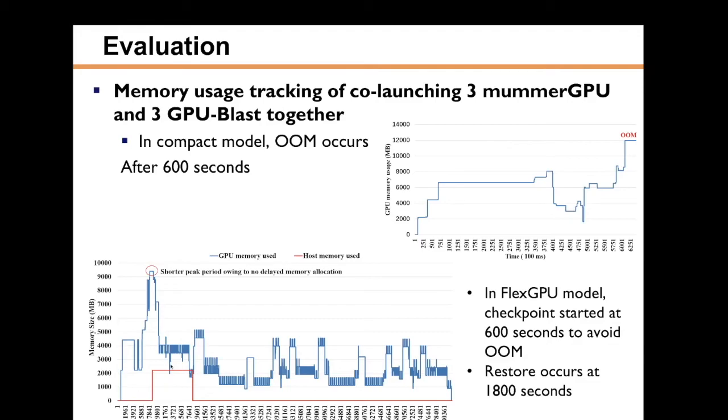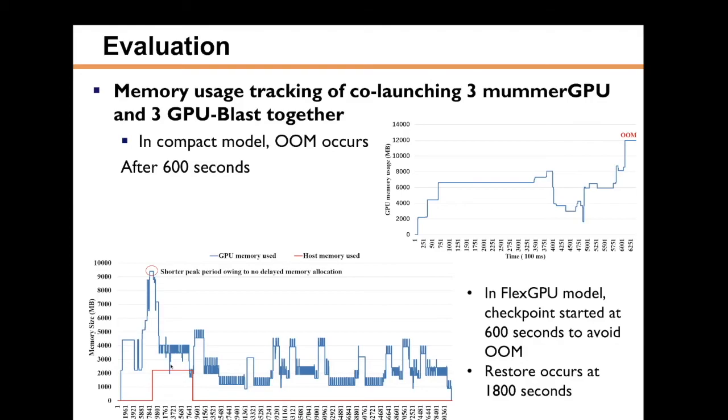Finally, we show how FlexGPU works in a real case. The above figure shows the GPU memory usage when we run 3 MemoryGPU and 3 GPU Blast together, as the time changes.